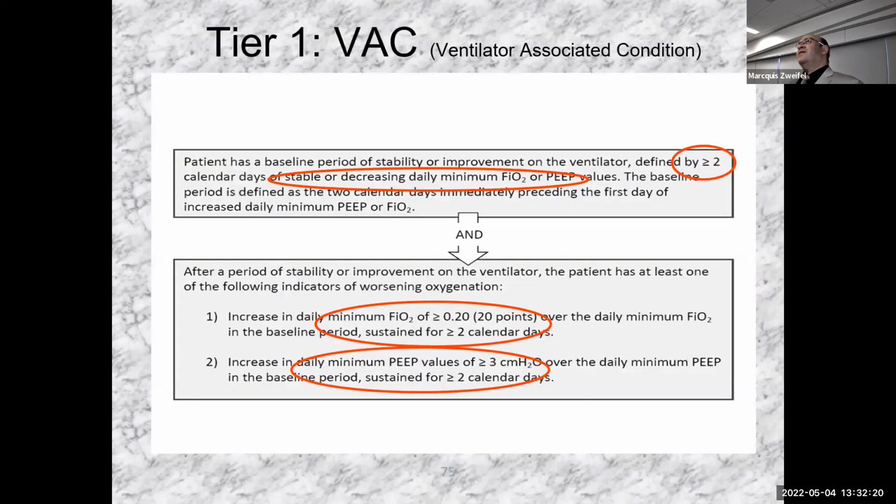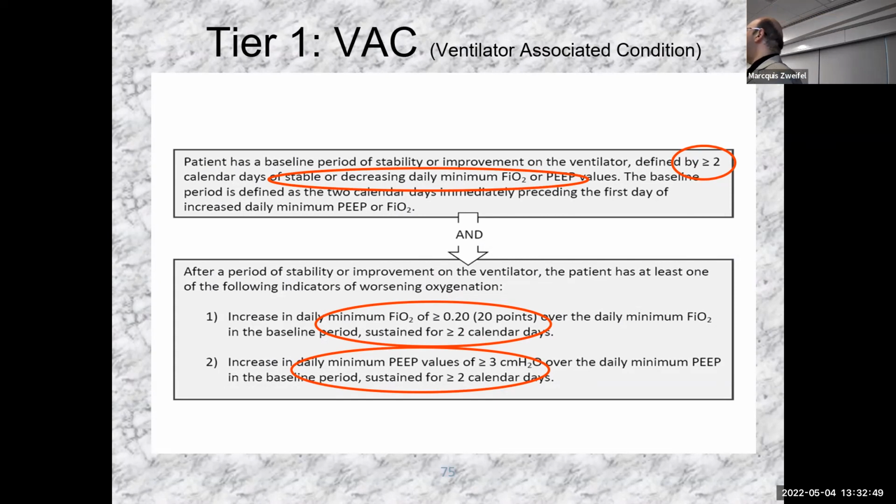VAE, we start with VAC. The 2013 CDC definition of ventilator-associated pneumonia depends on hypoxemia, and they define the hypoxemia as the VAC. What's the VAC? Ventilator-associated condition. If your patient needs an increase of PEEP of 3 or more, or 20% FiO2.